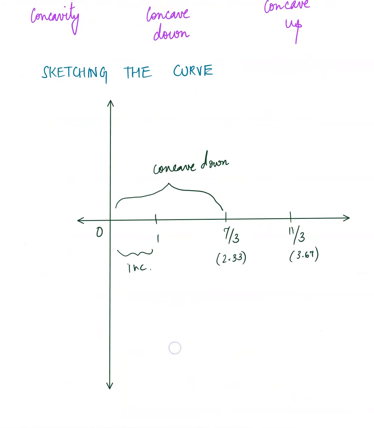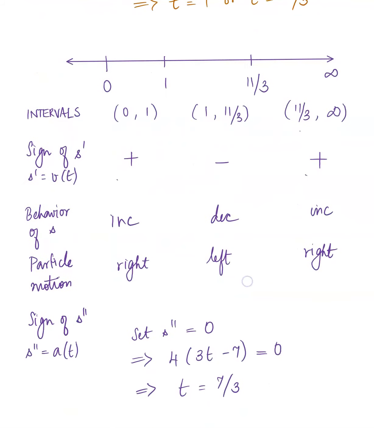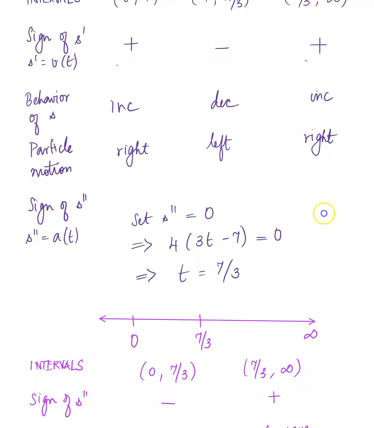All the way here, decreasing. That means it is decreasing in this portion as well, and it continues to decrease here. And then we come back here. 11 over 3 to infinity, it's increasing.